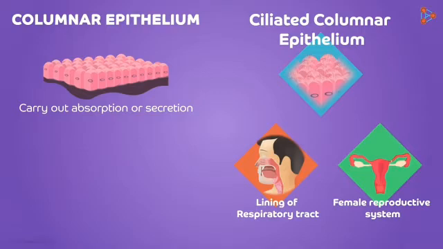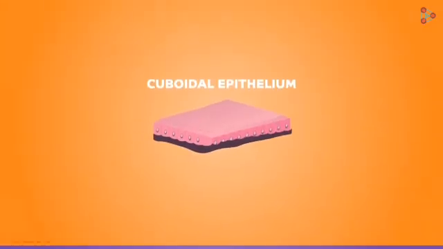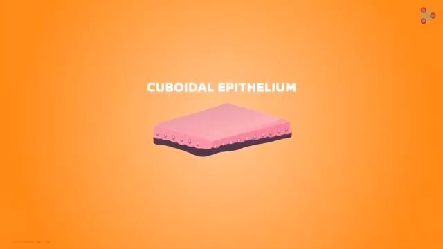As the ova comes, it flows easily, so it is mainly located in the female reproductive tract also. There are many other locations like the pharynx of an individual, so it is easy for us to gulp food substances. The next one is the cuboidal epithelium.